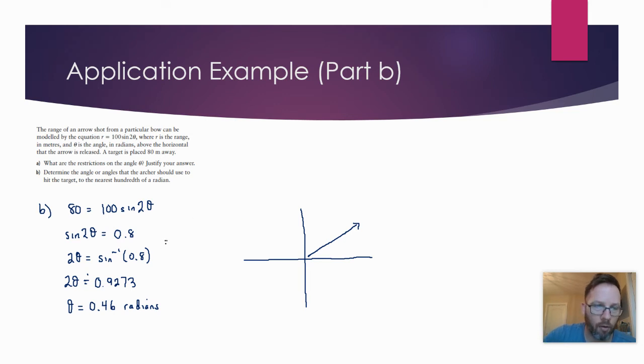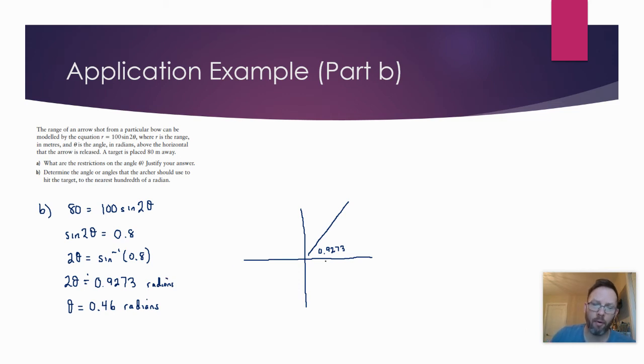Actually, I'm going to just call an audible here and erase this. So when we solved for the argument of sine, 2 theta equals 0.9273. 0.9273 radians would be something like there.